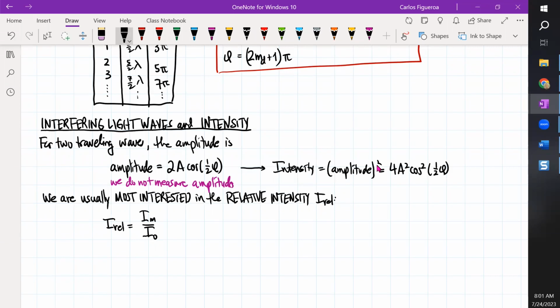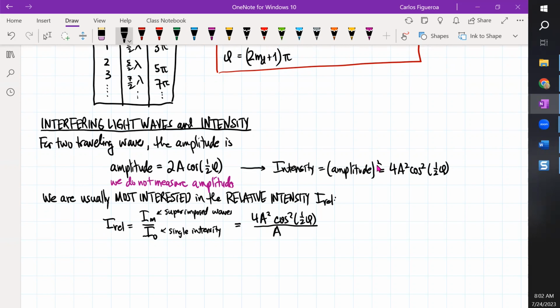This intensity right here is for the superimposed waves, and this is for a single wave intensity. So look how we define it. We say that this is going to be 4a squared, then I get cosine squared of 1/2 phi, divided by a squared.